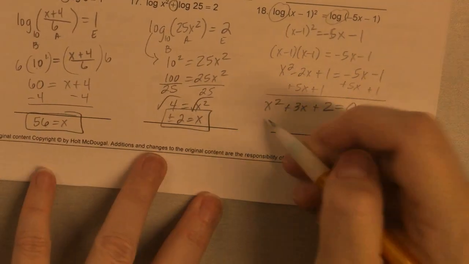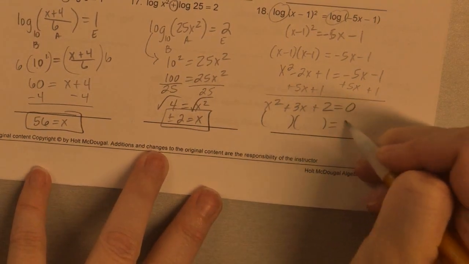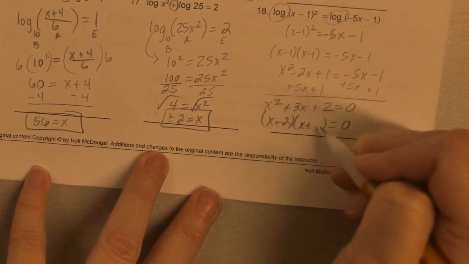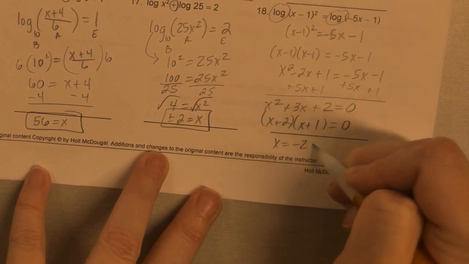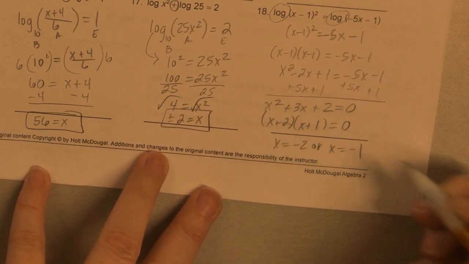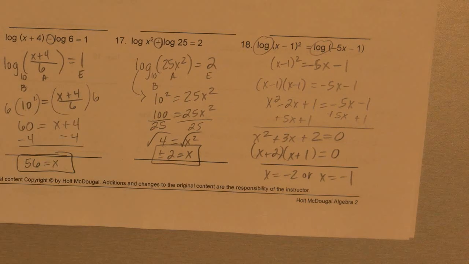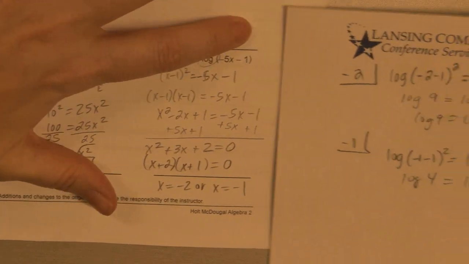So you're going to factor. What multiplies to 2 but adds to 3? 2 and 1. So then x equals negative 2 or x equals negative 1. So our first instinct might be to throw out those answers because they're negative.